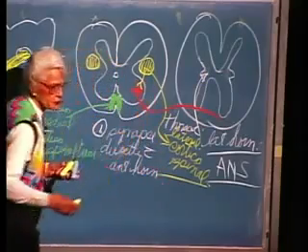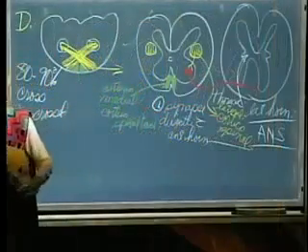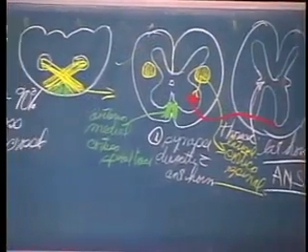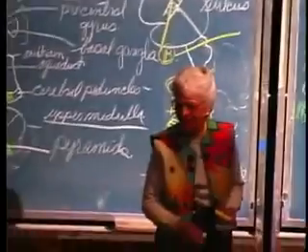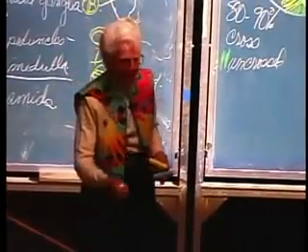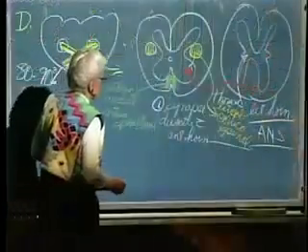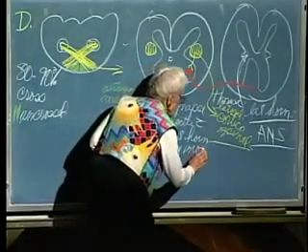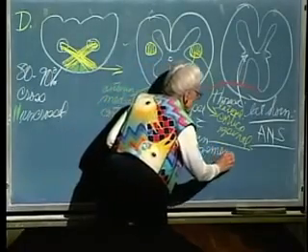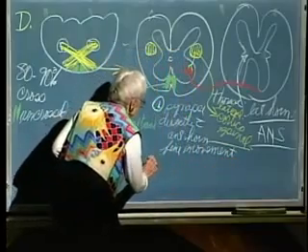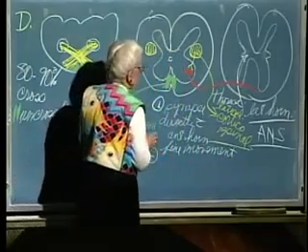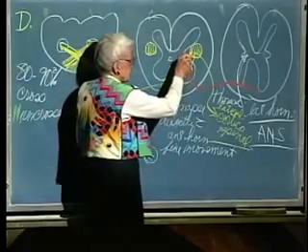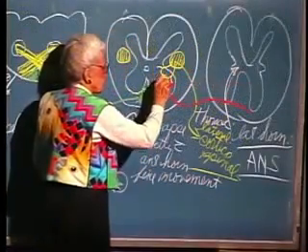So is this going to be for refined movement or crude movement? What would you guess? Fine, right. Fine movement. It comes directly to the anterior horn cell. So this is for fine movement. For more generalized movement, my fiber is going to come over to an interneuron.